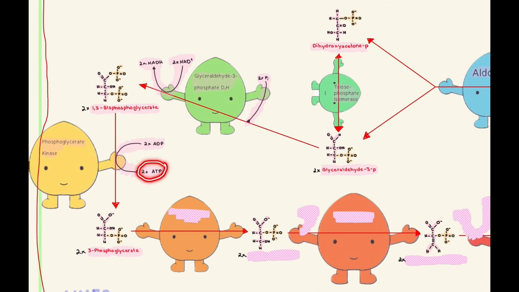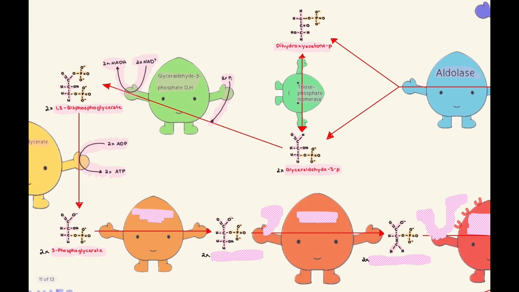This step occurs twice, since two 1,3-bisphosphoglycerate molecules are starting into the reaction. The phosphate that was lost in this step was originally at the C1 end of the molecule. Therefore, this step can be classified as a dephosphorylation reaction.